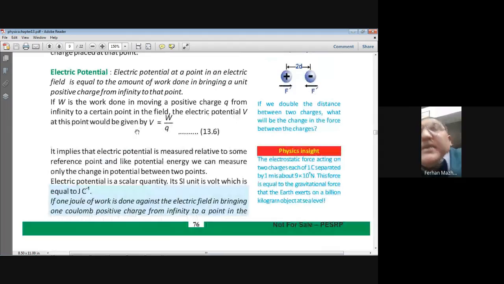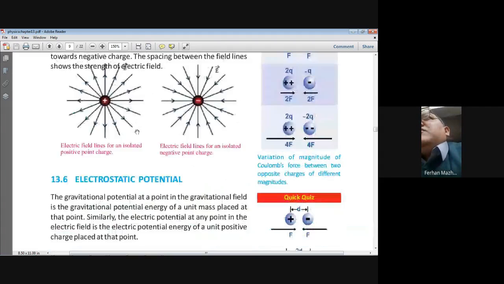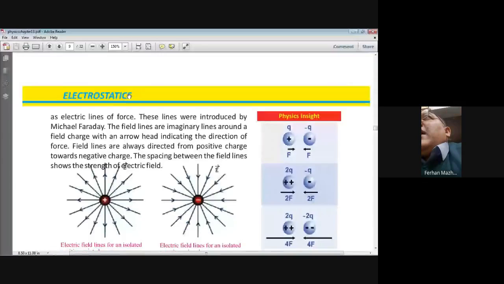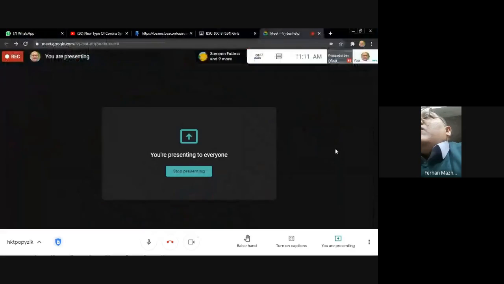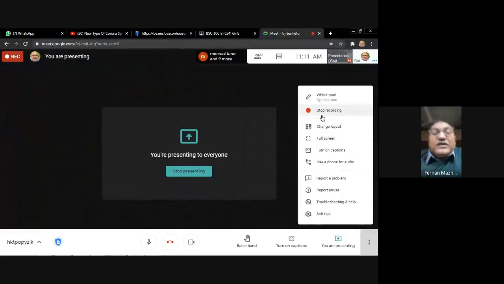That's it for today. I hope that this is helpful to you. So we will continue this. We are working on electrostatic electricity, or we call it static electricity. We are almost about to finish this chapter.